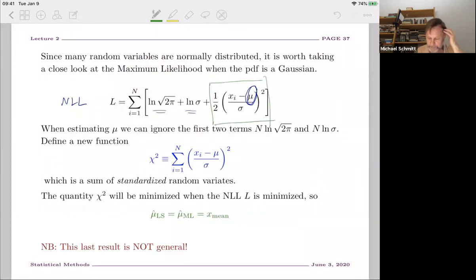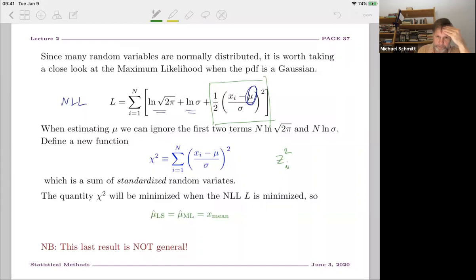In fact, we might as well isolate it, maybe without the 1/2, and call it something else. We're going to call it chi-squared. I want you to notice that I talked about standardized variables twice yesterday. It's the random variable minus the mean for the random variable divided by the standard deviation of the random variable. So in a way, this is like a z_i squared, where z was a random variable for a Gaussian.